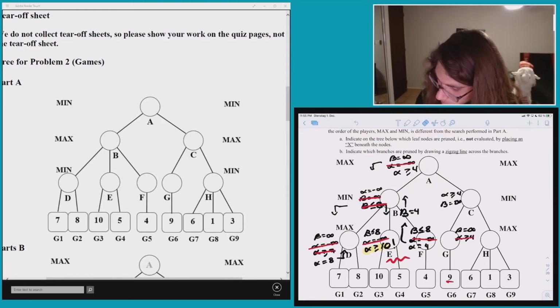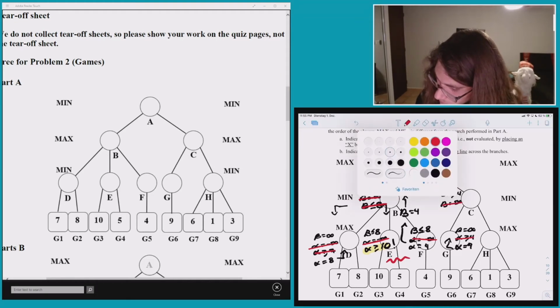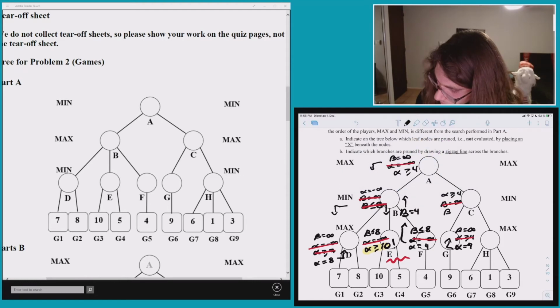So alpha is equal to 9. I go up. Beta is, oops, not equal, less than or equal to 9.